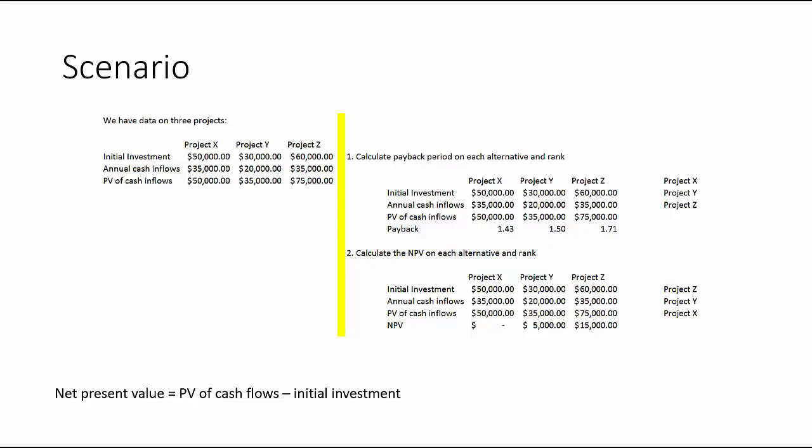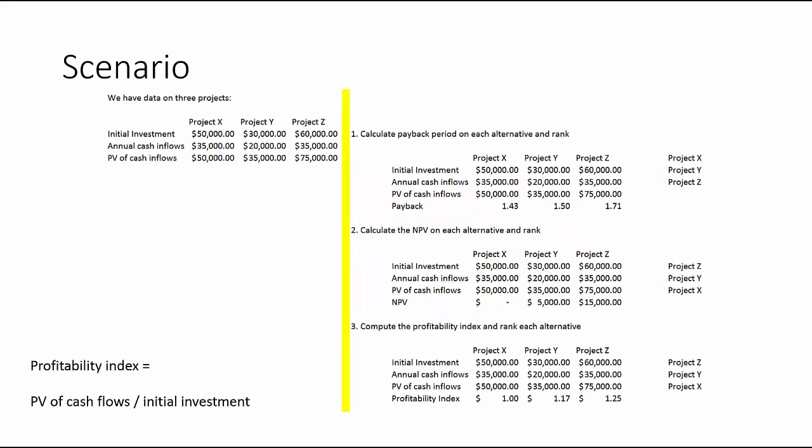Next, we're going to do a profitability index and then rank each alternative based on that criteria. The profitability index takes the present value of cash flows and divides by the initial investment. So for Project X, the present value of cash inflow is $50,000, and we divide by that initial investment of $50,000.